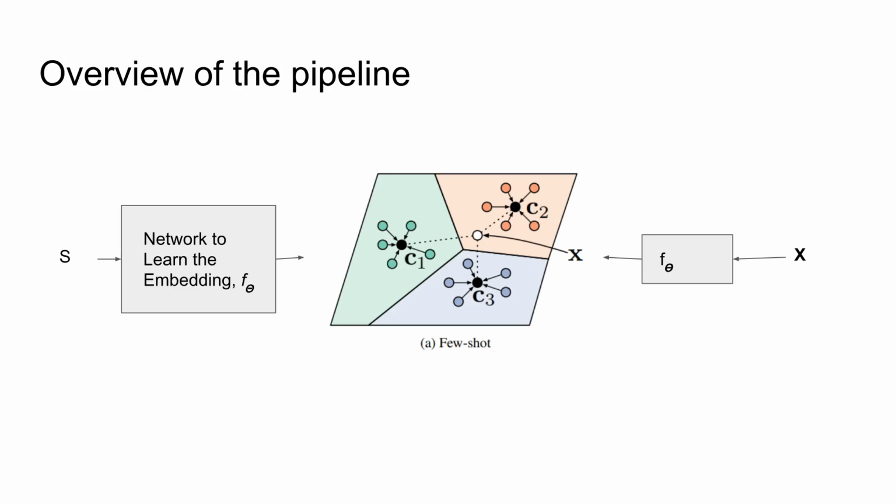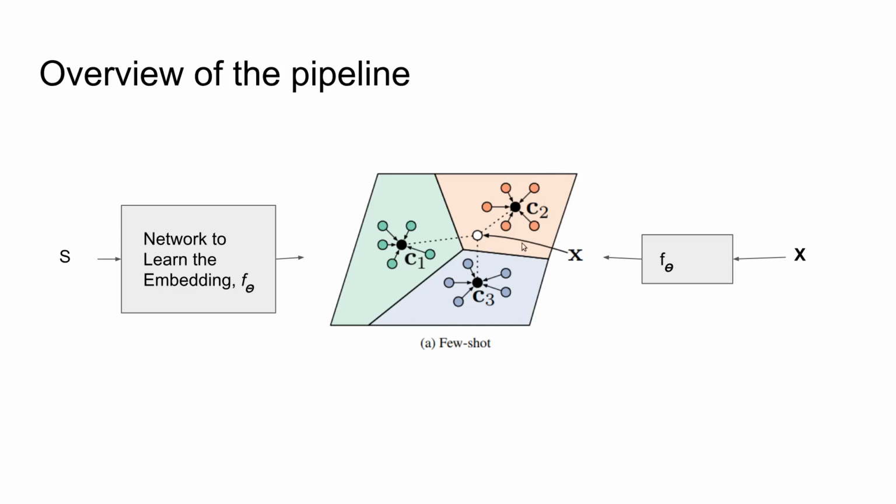And then prototypical network learns a function f, which embeds the support set into a space. So here it is. This is the embedding of the support set.